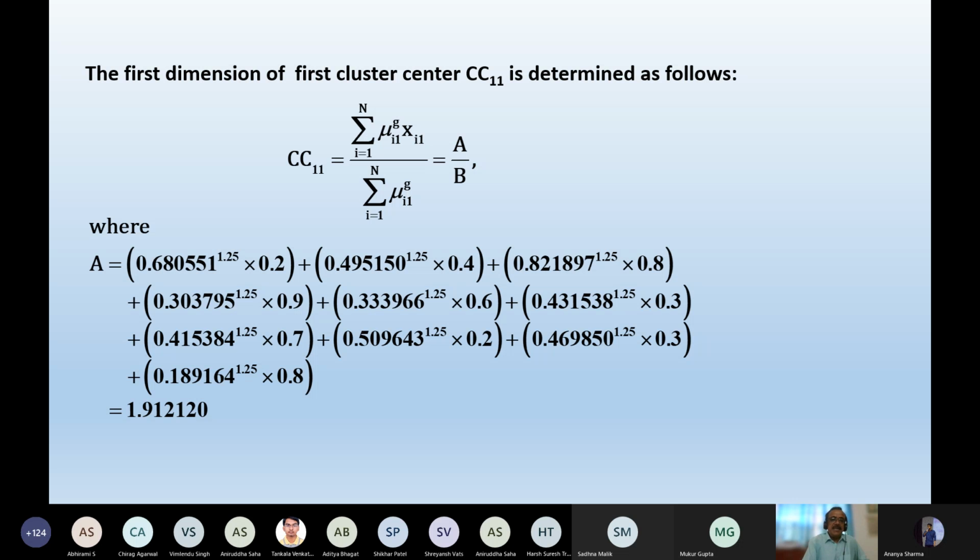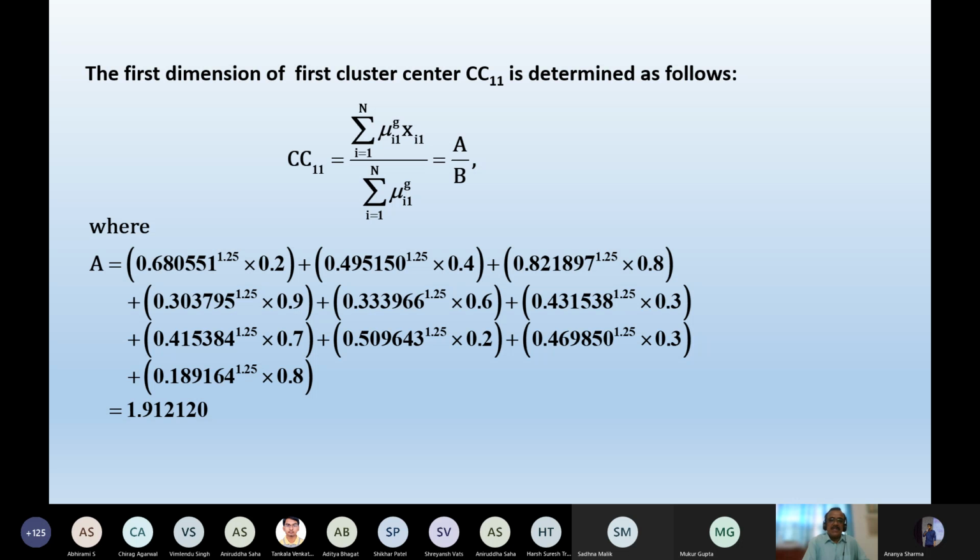Now here A is nothing but mu I1 raised to the power G times xi1, with I equals 1 to n. That means I will vary from 1 to 10: the first data point, second data point, third data point, up to the 10th data point.